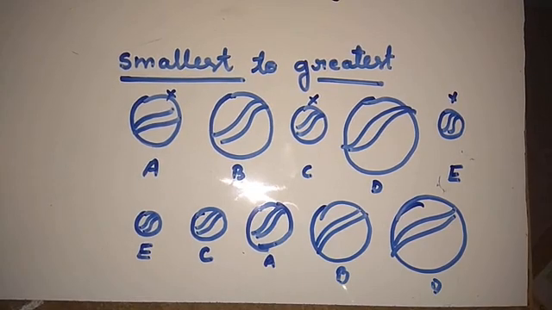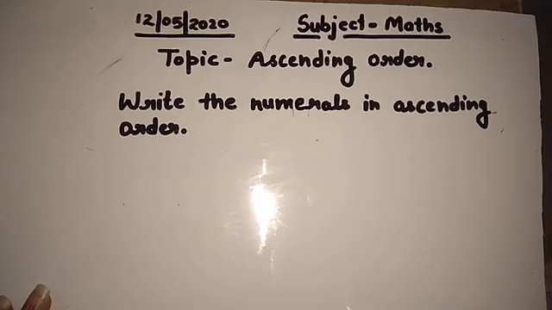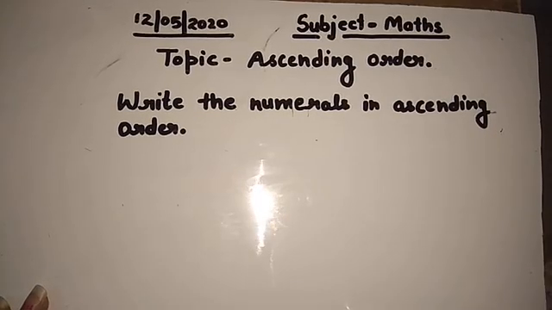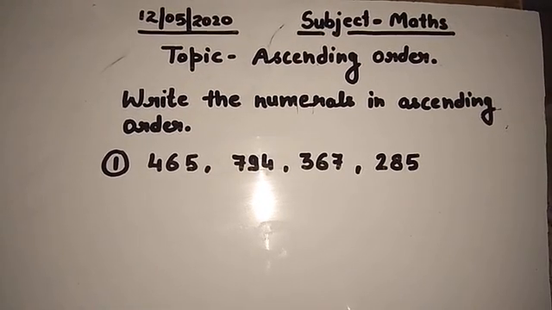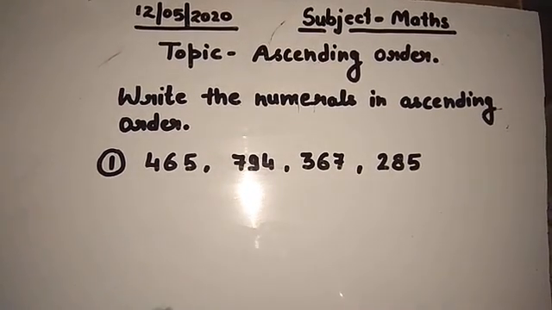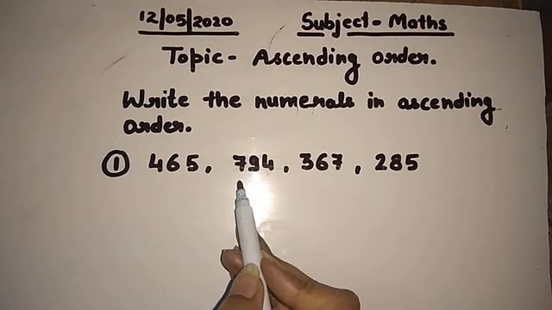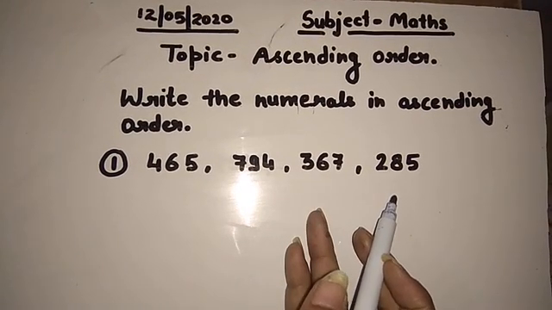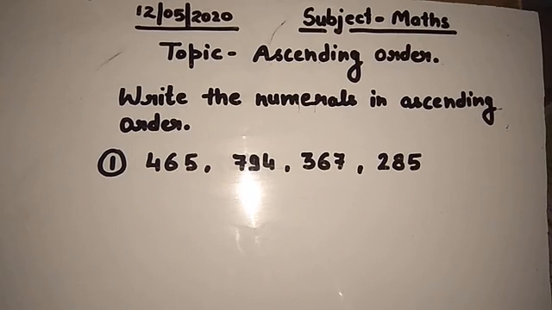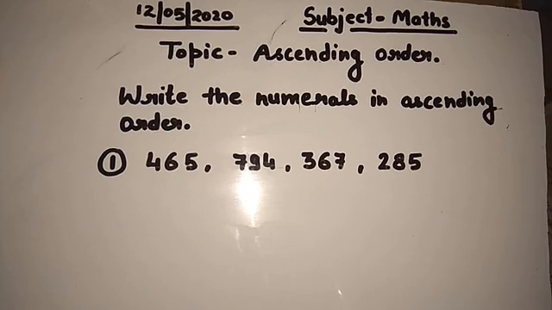Okay, so let's start today's work with some questions. Here I have written the first question. In the first question, 4 numbers are given. First is 465, second is 794, next is 367, and the fourth is 285. Ascending order means we will write numbers from smallest to greatest.